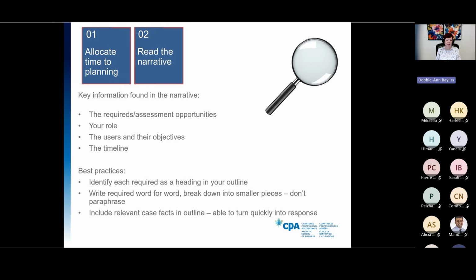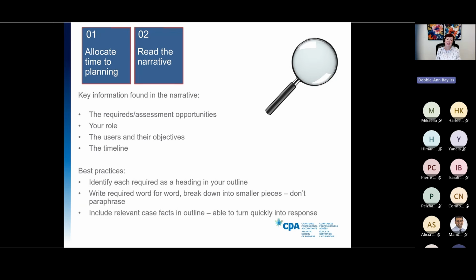So for your role, it's what voice do you use when you write that memo? Are you an employee for the company? Are you a consultant? It's important to identify the users and their objectives. You might need that information when it comes to maybe you're asked to calculate materiality.